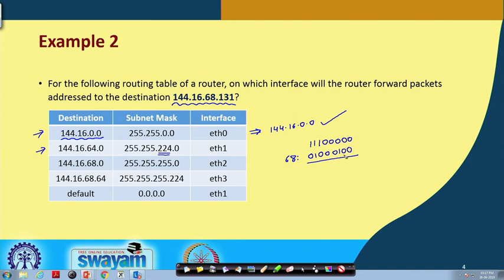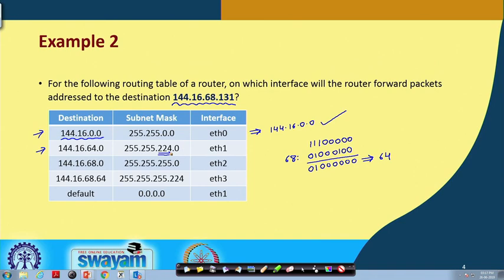So, if you take a bit by bit ANDing here, what you get is 0, this 1 and 1 will be 1, 0 0 0 0 0 0, which in decimal is 64. This bit is 1 and the last one is 0. So, 0 if you AND with 131, this will be 0 anyway.